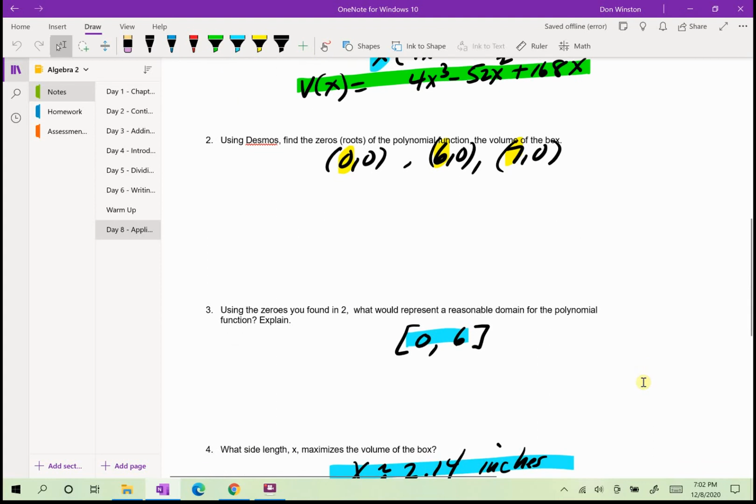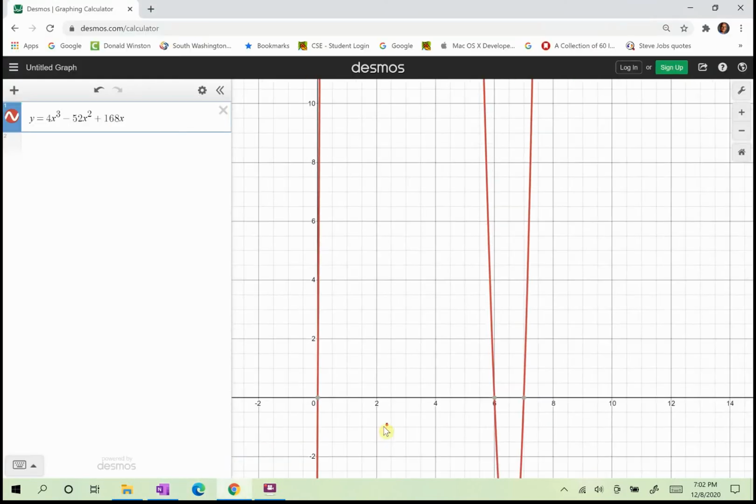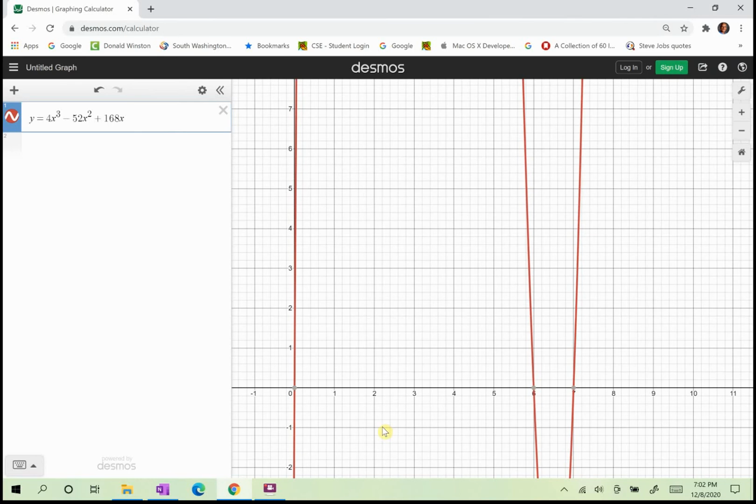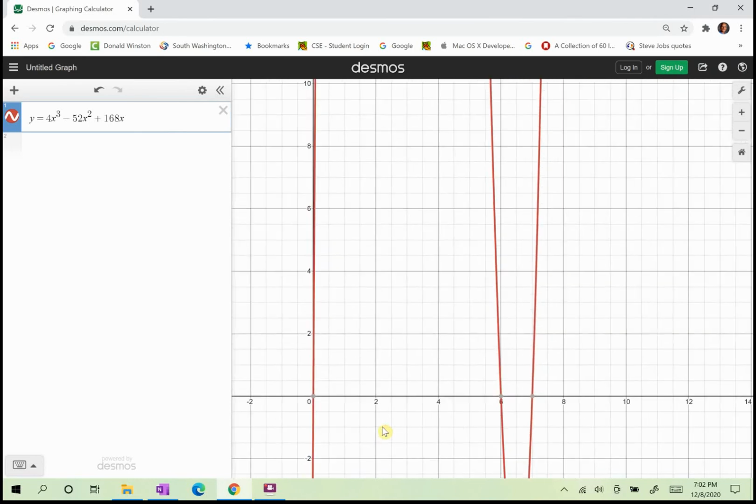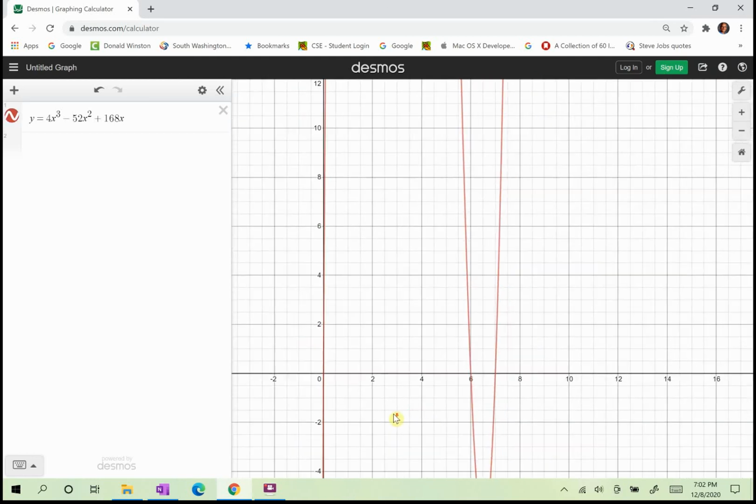Using the zeros you found in 2, what would represent a reasonable domain for the polynomial function? Remember, domain is x. And so the question is really asking us here, what values of x will give us positive values for the volume? Certainly volume can't be negative.